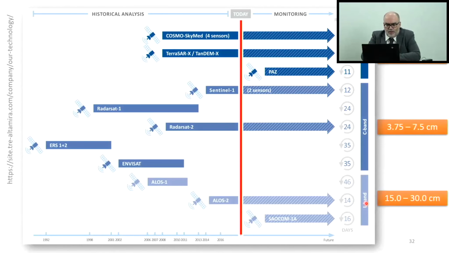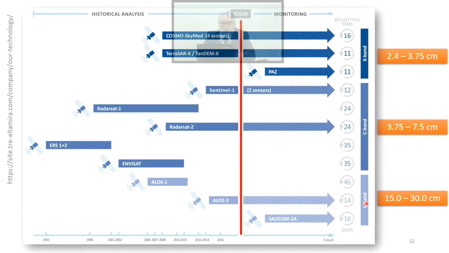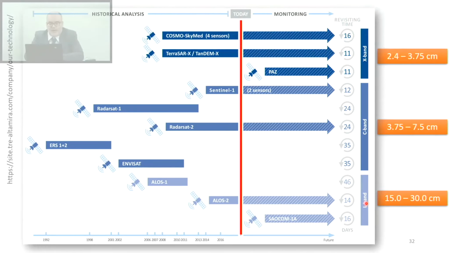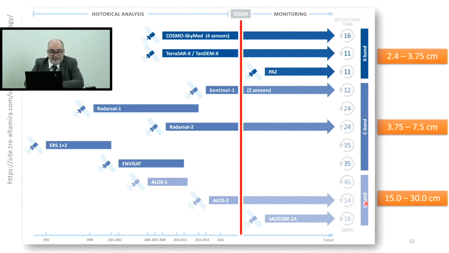So what is the availability of images and sensors today? Today we have at our disposal images from Sentinel, both 1 and 2, available free of charge. Then we have Cosmo-SkyMed in X-band as well as TerraSAR in X-band. These are not free of charge, so you need to pay. We have Radarsat still in C-band.